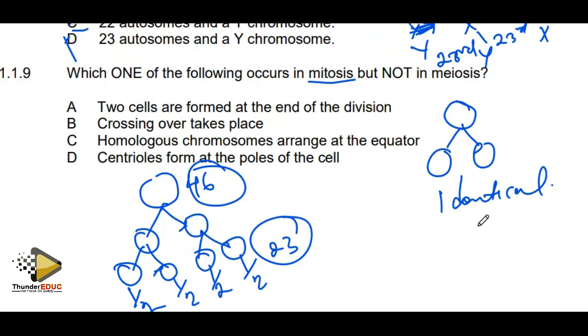So the first statement says two cells are formed under mitosis at the end of the division. Yes, we see here two cells are forming at the end of the division. They're saying crossing over takes place. We don't have crossing over in mitosis. So this one is ruled out. The most correct answer is A. So the answer is going to be A.